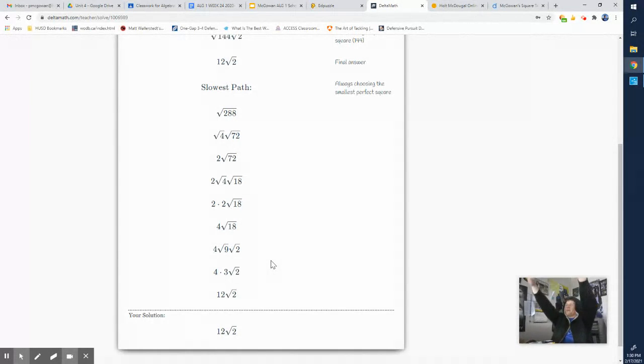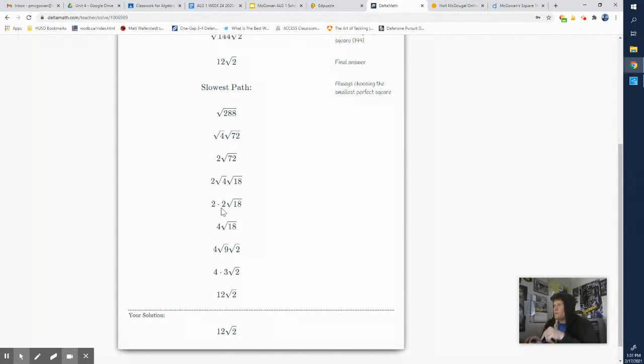Now, this is the thing I want to kind of end on here, guys. You can do it a lot of different ways, right? A lot of different pathways. The big thing is that you're looking for perfect squares that divide into the number we have in our square root. Once you find it, those factors stay inside the square roots. But those perfect squares, we can take the square root of. So our square root of 4 became 2.